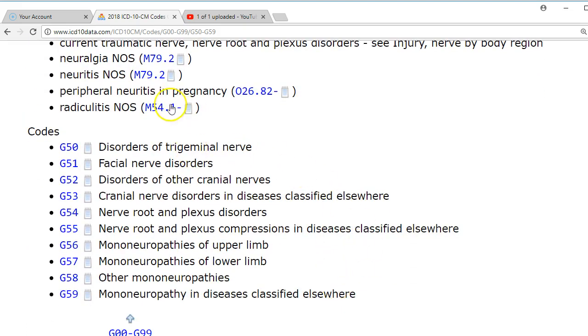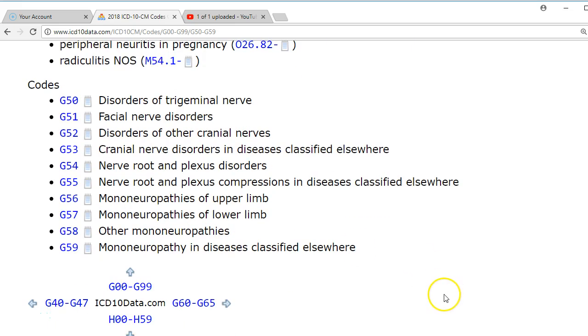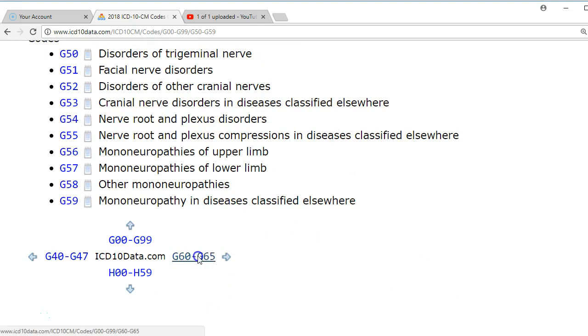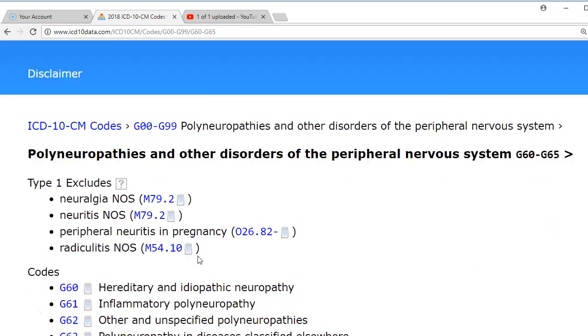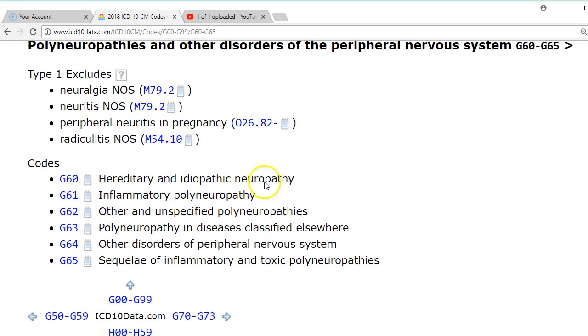Again, then we have different nerve disorders. So again, different parts of the nerve, the trigeminal nerves, the facial nerves, the cranial nerves, the different nerve roots all throughout the body, mononeuropathies of different limbs. Again, different types of neuropathies, polyneuropathies, we're going to find in this section.